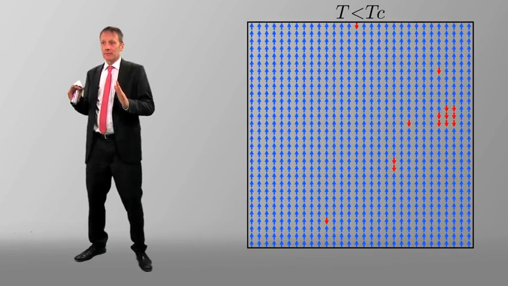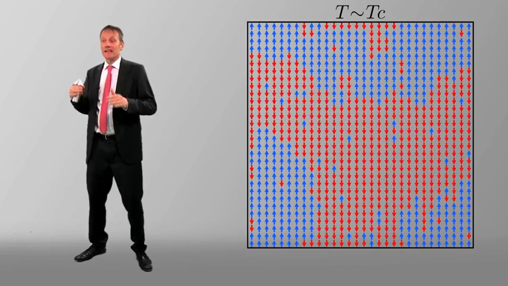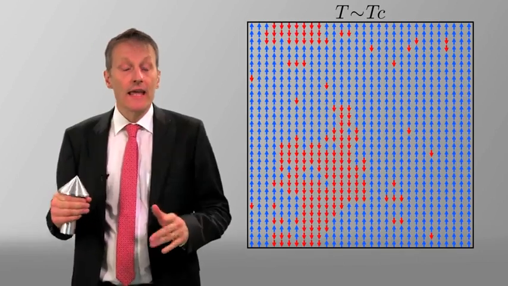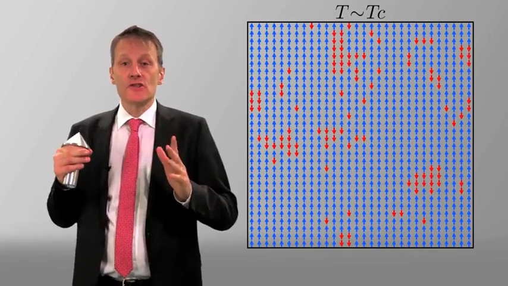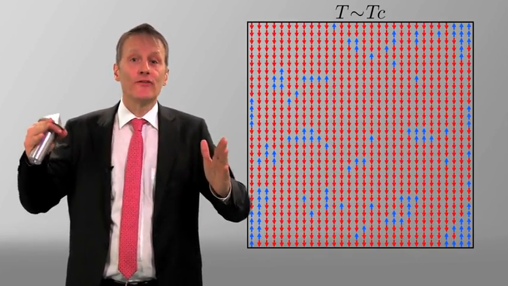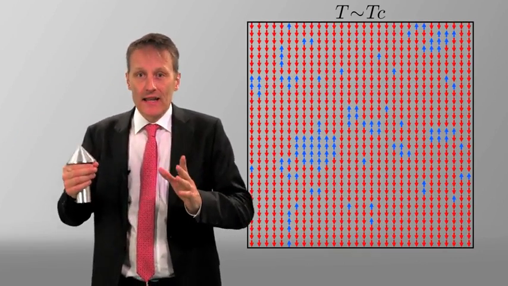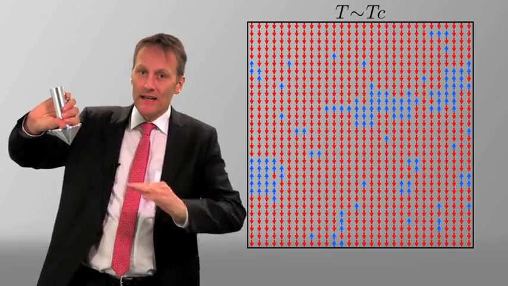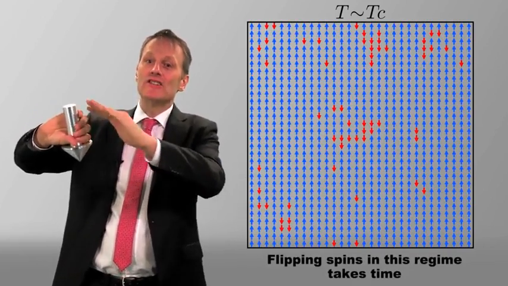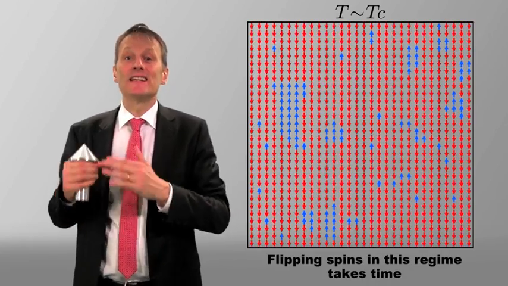Close to the critical temperature, the local Monte Carlo algorithm slows down increasingly. In a nutshell, this is due to the increase of the correlation length in the system, and to the fact that turning around a spin in a larger correlated region becomes increasingly difficult.